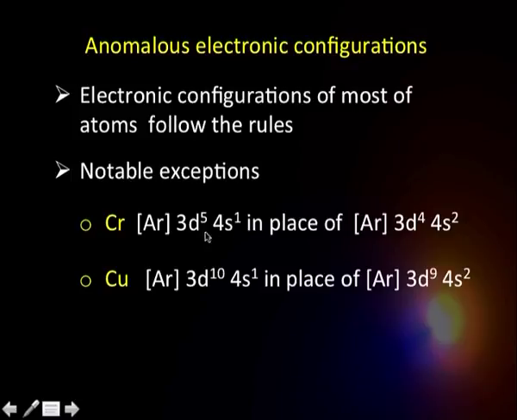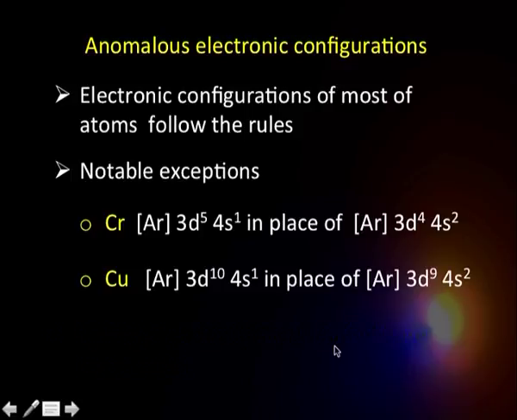I am talking only about the valence electrons, not the core, which is argon in all the cases here. The configuration experimentally found is 3d5 4s1, whereas the rules predicted 3d4 4s2. Similarly, for copper, experimental determination gives the configuration 3d10 4s1, whereas the rules predicted 3d9 4s2.